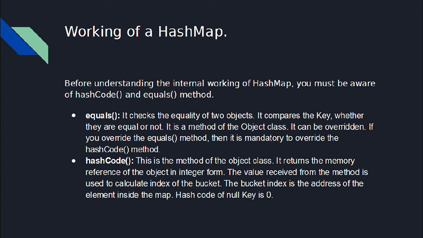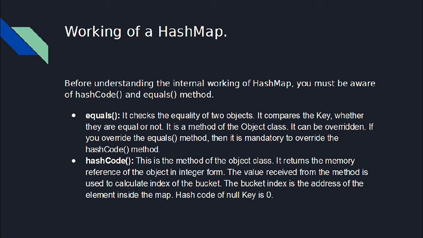Now let's get started with the working of hash map. As we are going to get started with the working of hash map, there are some key concepts and how they are used inside hash map which you must know. First of all, equals method. Equals method checks for equality between two different objects. We use it to compare keys in hash map.